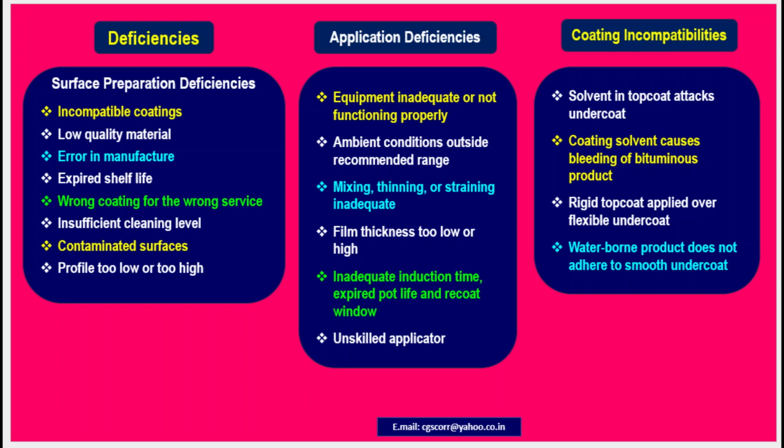Under this, we are going to deal with surface preparation deficiencies. They are incompatible coatings, low quality material, error in manufacture, expired shelf life, wrong coating for wrong service, insufficient cleaning level, contaminated surfaces, profile too low or too high.